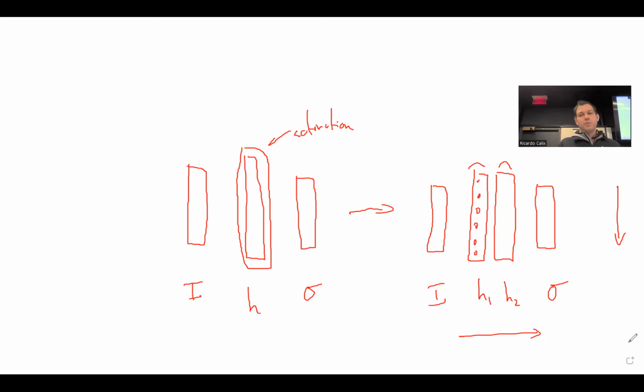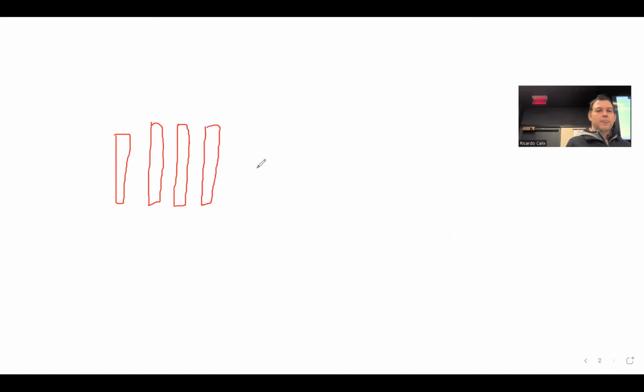I gave the example on Thursday, I think, of a network such as this, where you have three hidden layers. That's a deep network. It's got an input layer, an output layer, and then hidden 1, hidden 2, hidden 3.